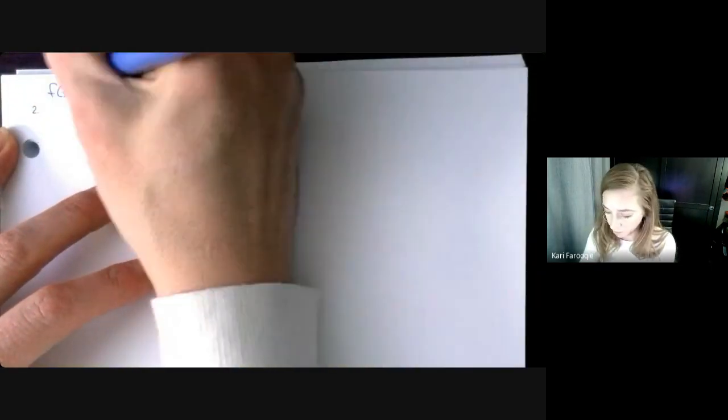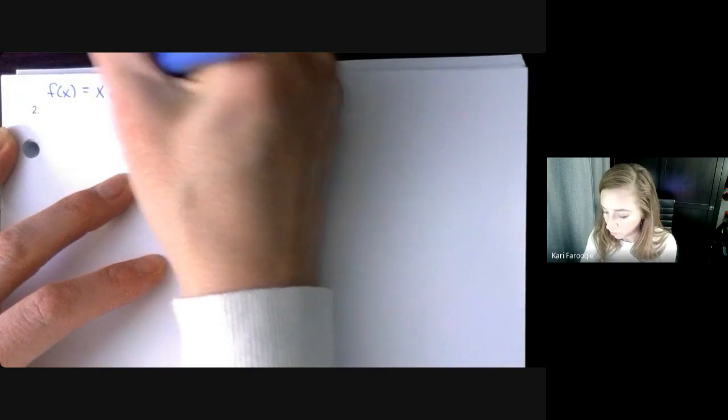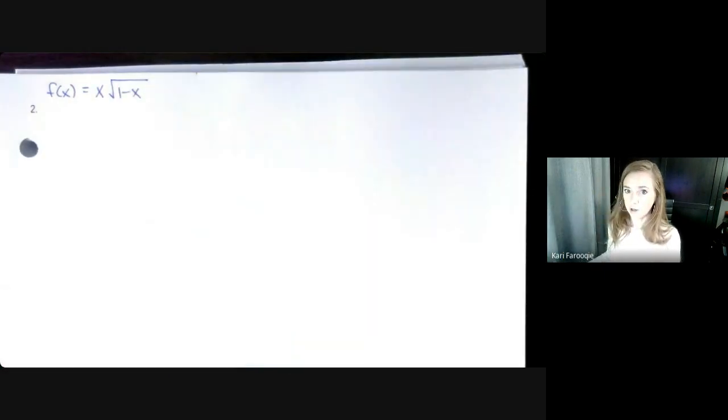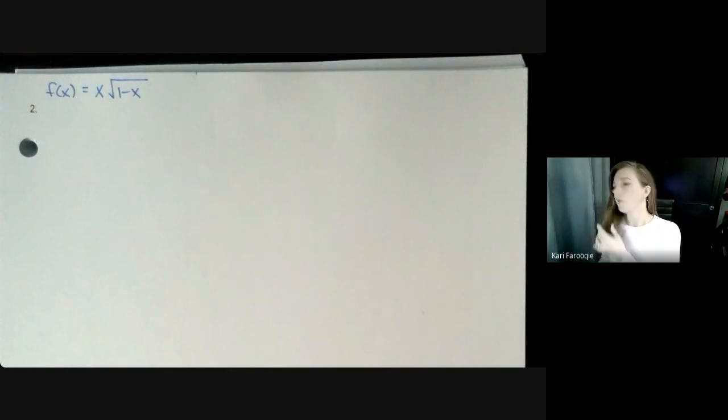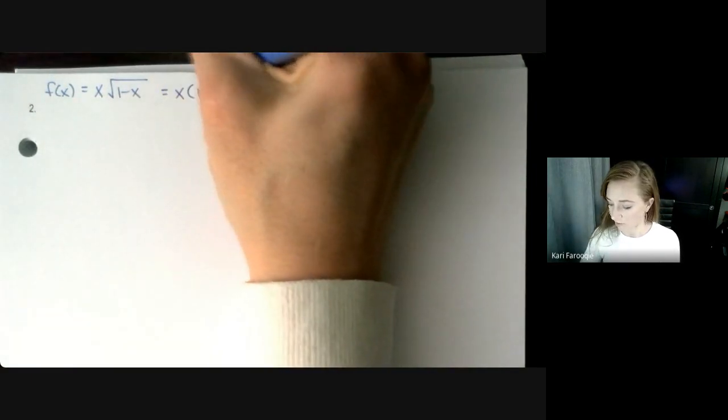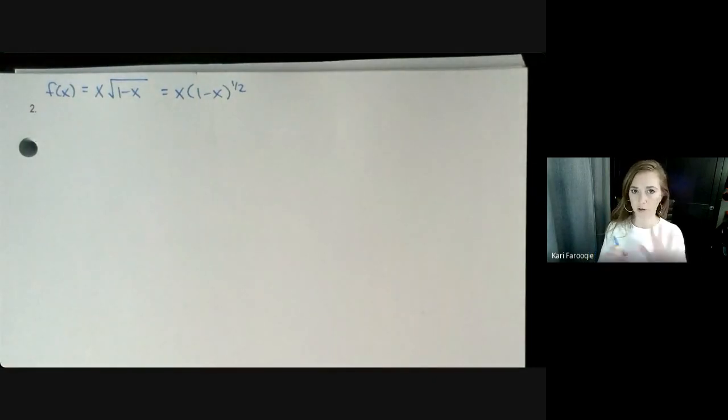Everything's going on this one page. x times the square root of 1 minus x. If you'd like, since you know that at some point you're going to be taking the derivative of the function, I would recommend writing it as x times (1 minus x) to the half, just so that we have that ready for when we need it.